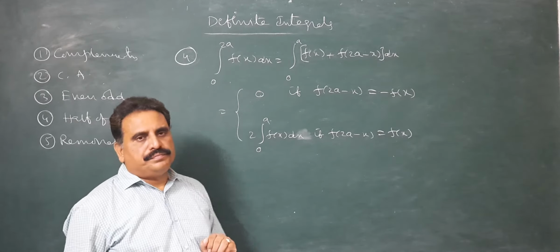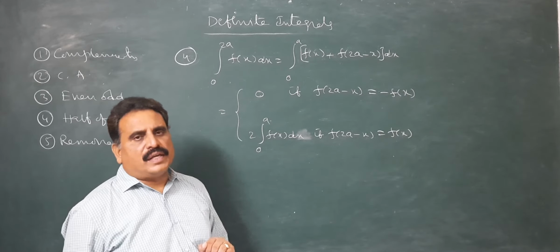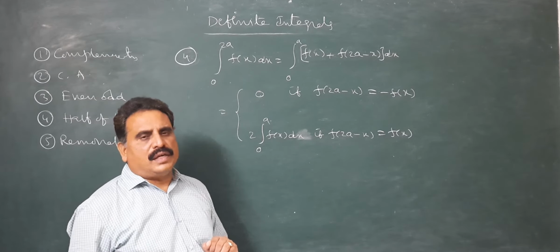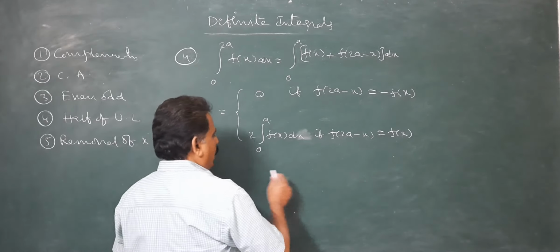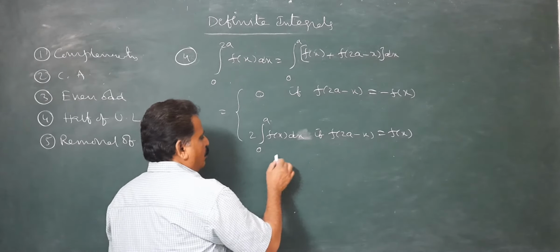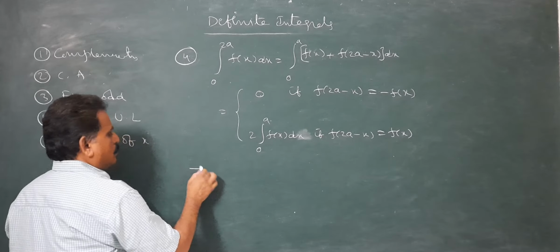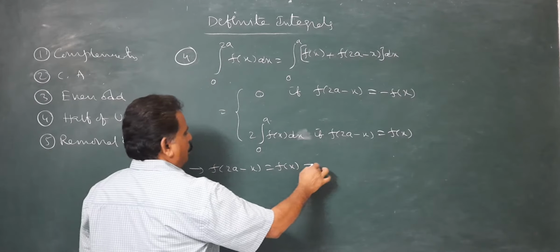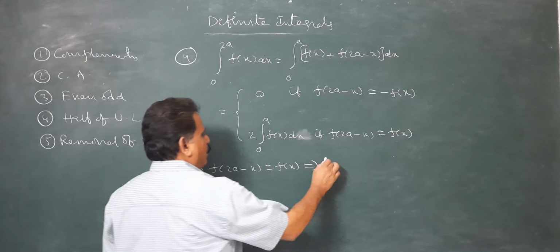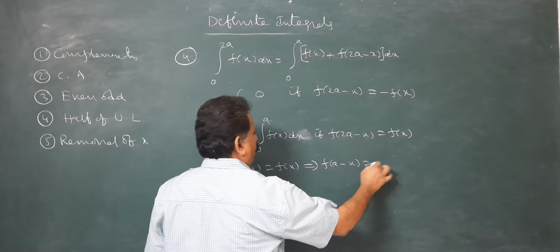For example, cos x. If you take cos x from 0 to 2 pi, you observe that f of 2a minus x equal to f of x implies f of a minus x equals f of a plus x.